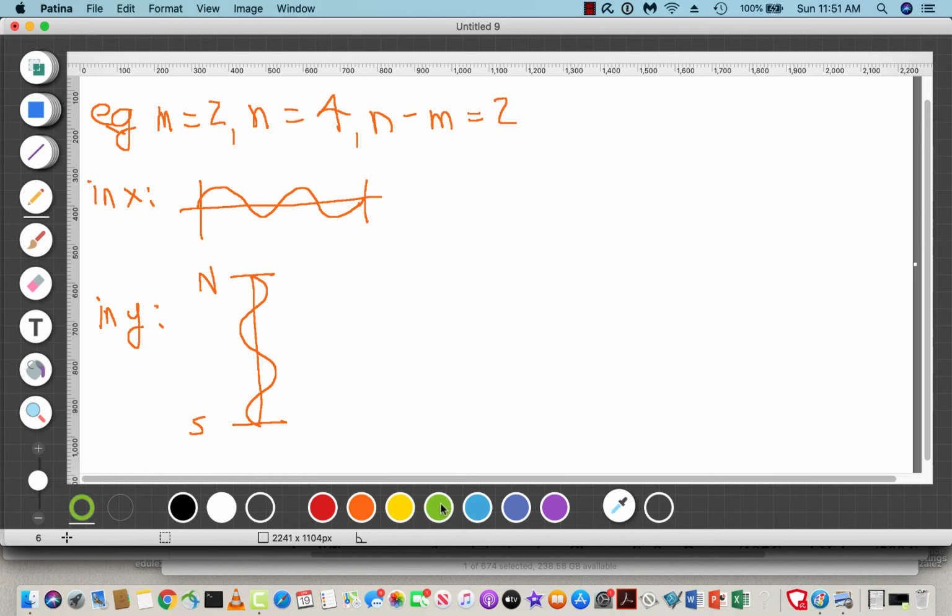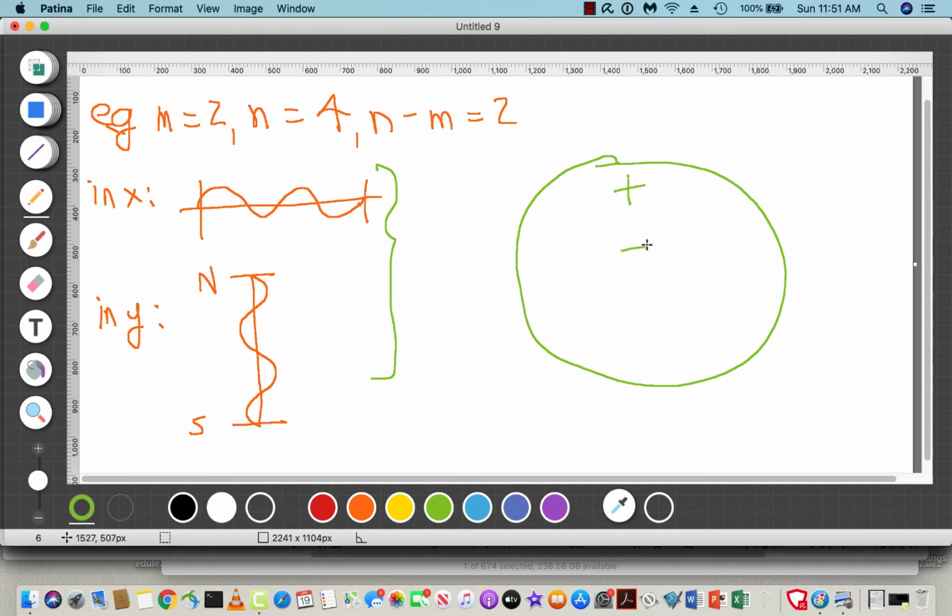Okay, and now if we put them together onto the sphere, I think actually I could use a larger sphere. Starting at the North Pole, we have a positive region, then a negative region, then a positive region, then a negative region.